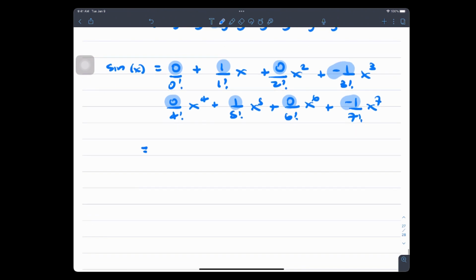Simplifying this, 1 over 1 factorial x minus 1 over 3 factorial x cubed, plus 1 over 5 factorial x to the 5th, minus 1 over 7 factorial x to the 7th, plus this pattern goes on forever.